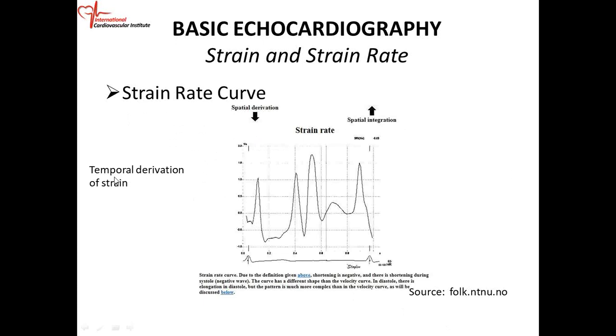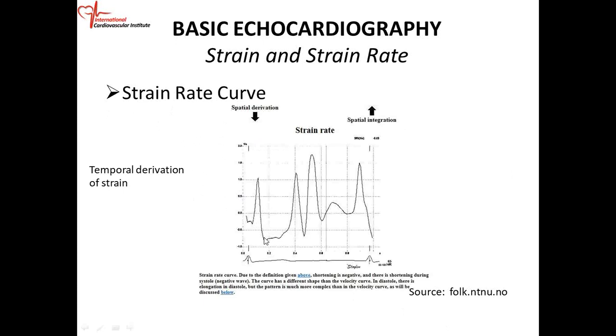Your strain rate curve is a temporal derivation of your strain. Remember, we said that strain rate is strain per unit time. So your temporal derivation of strain is your strain rate. Your ECG is right down here.